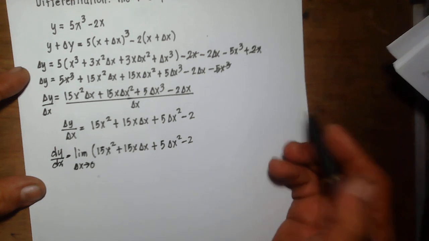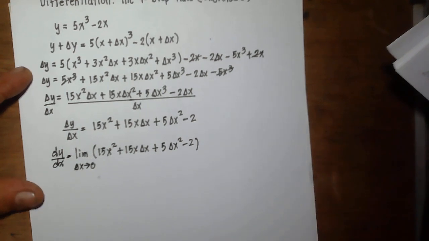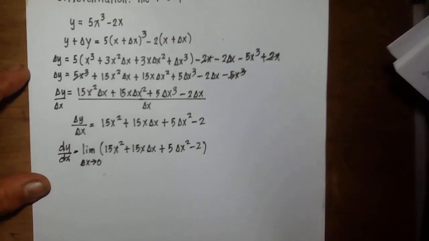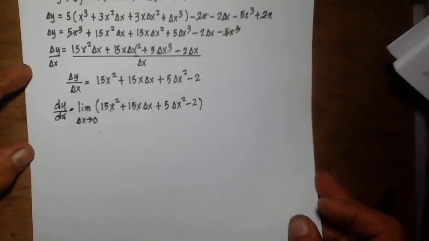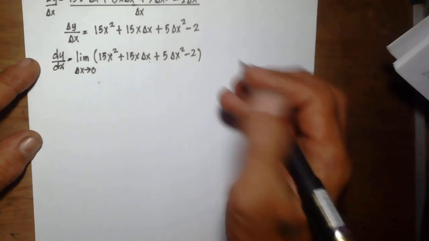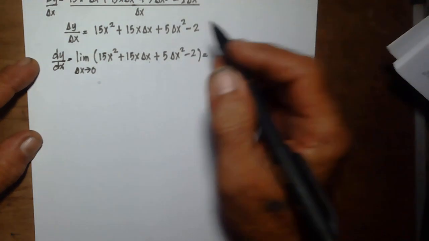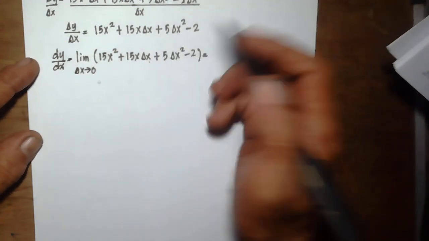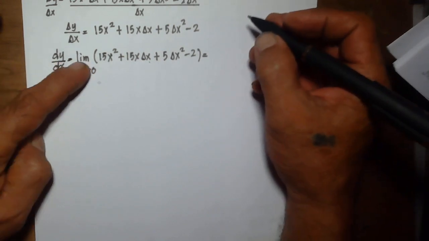Okay? Now, without applying the rule of the limits to shorten the process, we will just substitute delta x with 0 and find the limit.